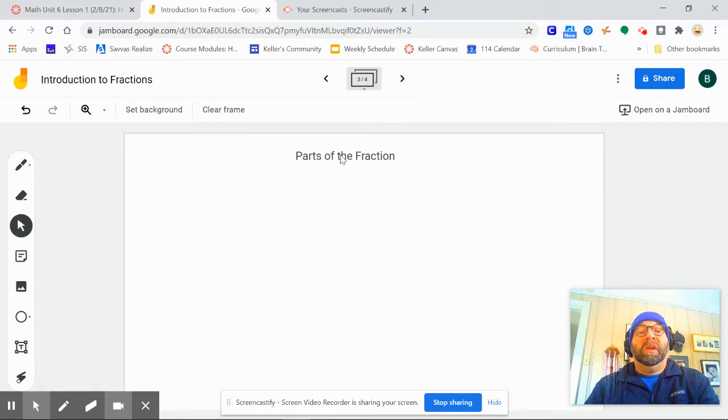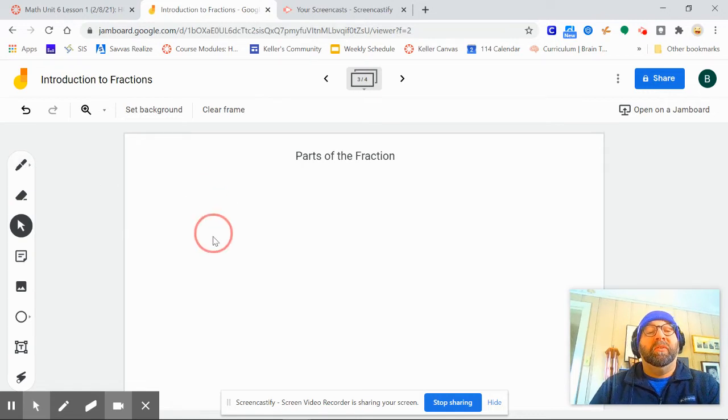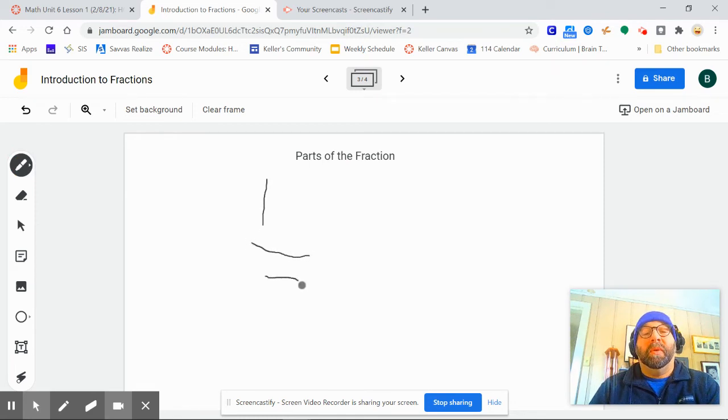The next thing I want to introduce you to is the different parts of a fraction, okay? If we talk about fractions, let's use that 1/2 again. I am so sorry about my drawing, I'm doing the best I can with my fingers here.